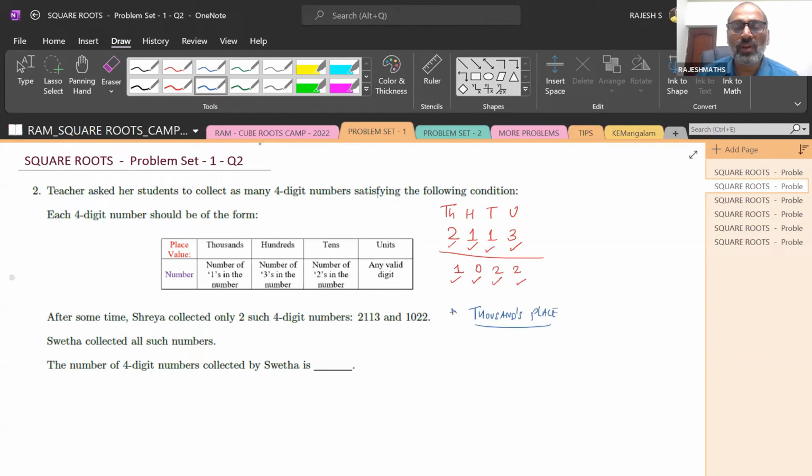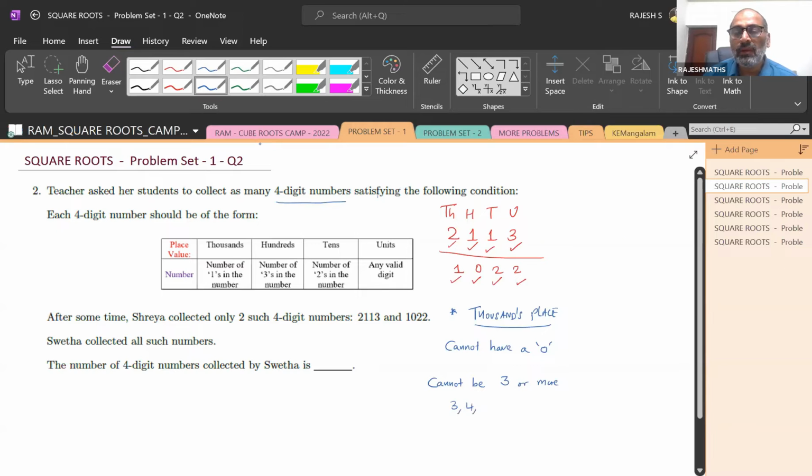Because it's a 4-digit number, it cannot start with a 0. Then it cannot be 3 or more, that is 3, 4, 5, 6, 7, 8 or 9.